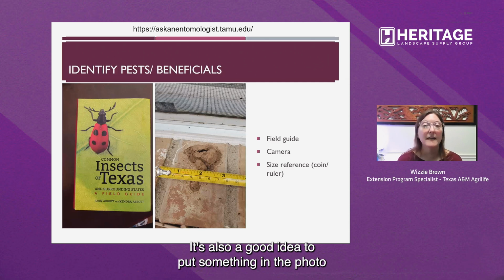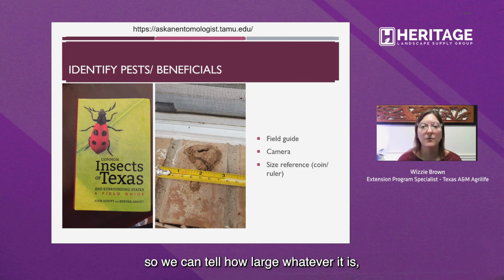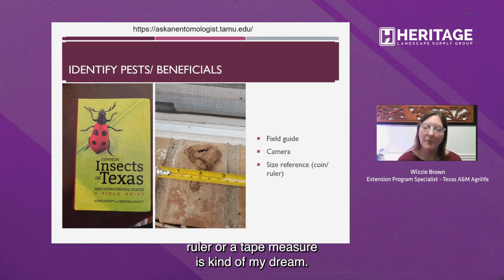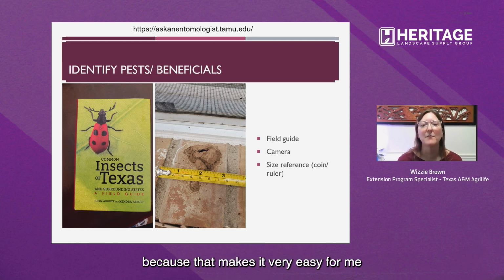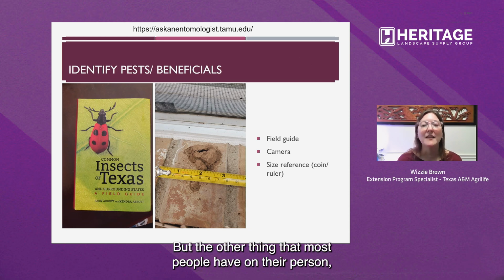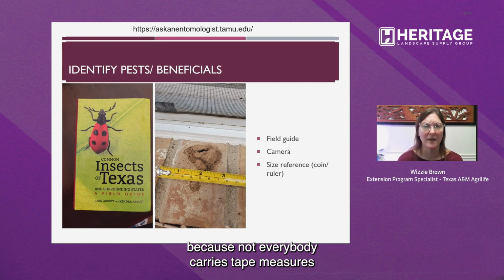It's also a good idea to put something in the photo that is a standardized size for a reference so we can tell how large whatever it is. A ruler or a tape measure is kind of my dream. I love when people do that because that makes it very easy for me to determine how large that is. But the other thing that most people have on their person, because not everybody carries tape measures or rulers, is a coin.